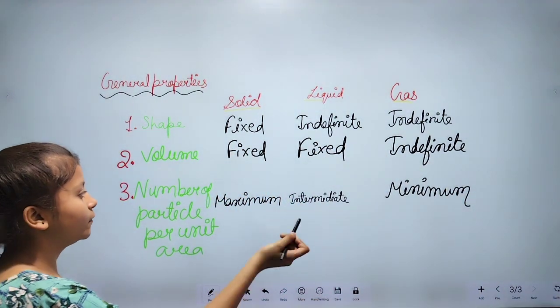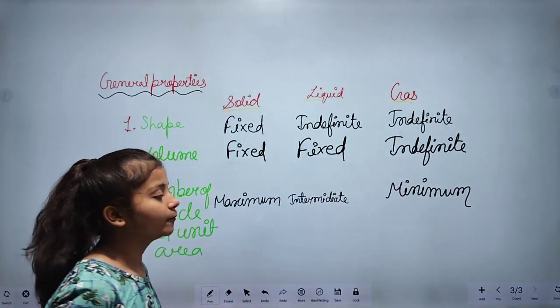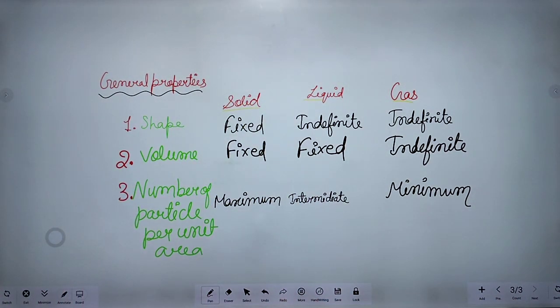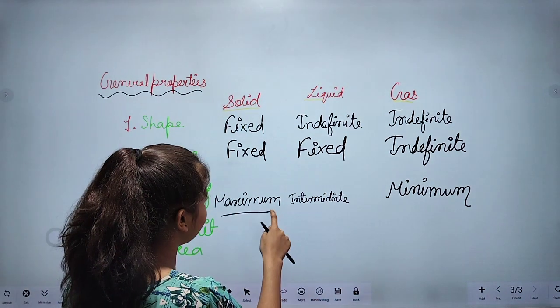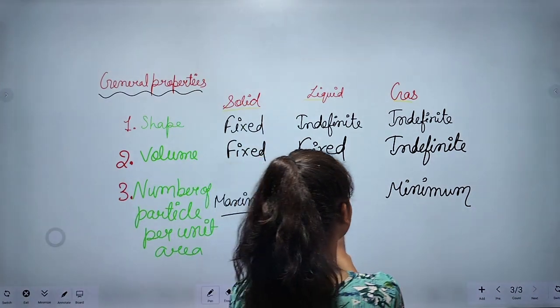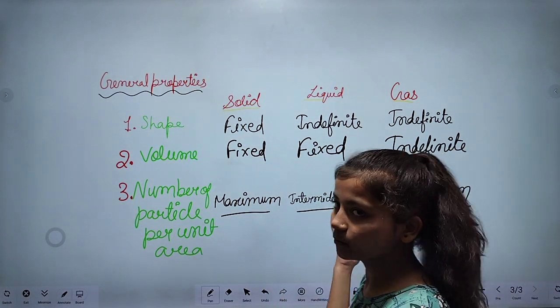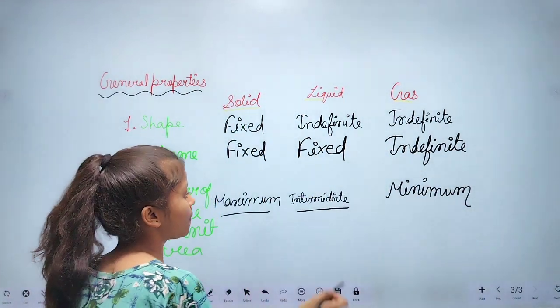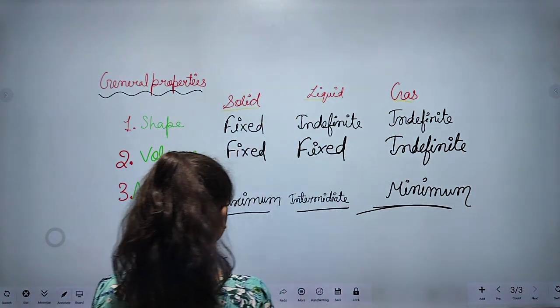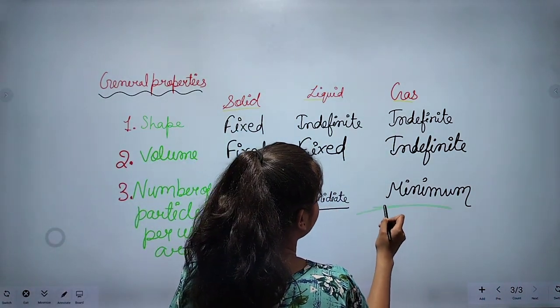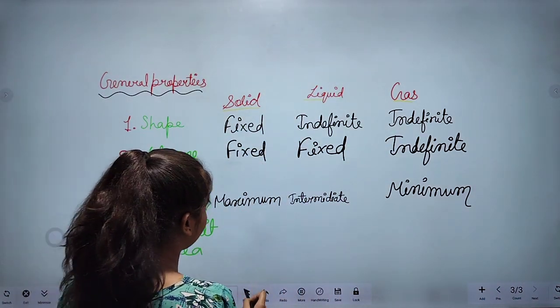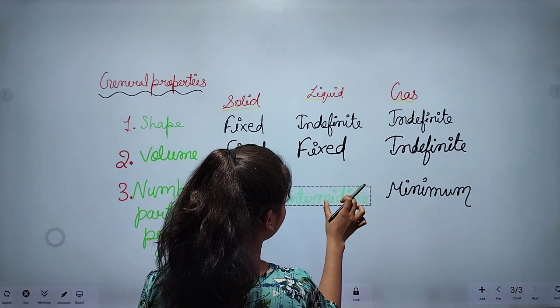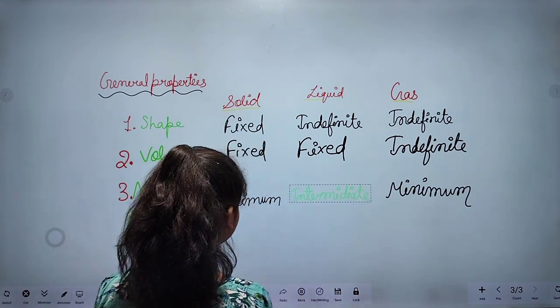It means the solid number of particles per unit area is maximum, and liquid is intermediate between maximum and minimum, that is between solid and gas, and the gas number of particle is minimum. Okay, I hope it is visible.